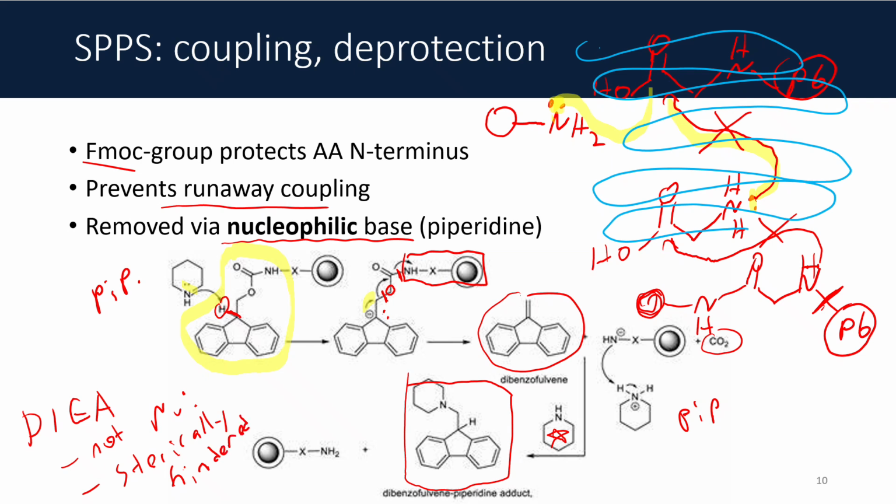DIEA is a tertiary amine, with lots of bulky groups around it. Those prevent it from getting close to this sterically hindered FMOC group as well. They can't touch each other and do this proton exchange and all the good stuff that follows afterwards. It's complicated, but I think it's really clever.